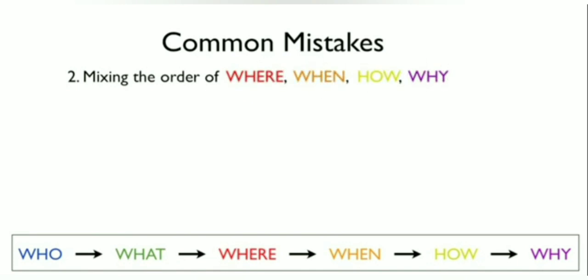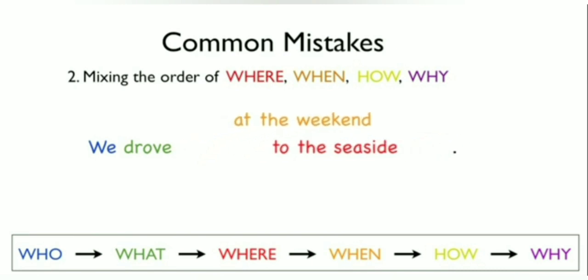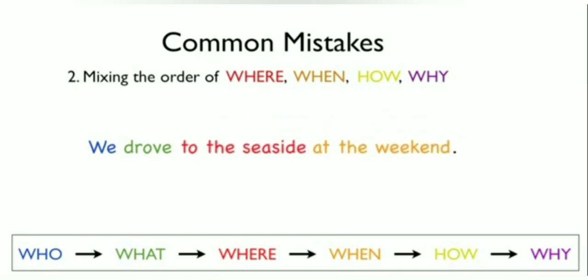Point number 2. Mixing the order of where, when, how, and why. We drove at the weekend to the seaside. We denotes who, drove denotes what he does, at the weekend denotes when, to the seaside denotes where.